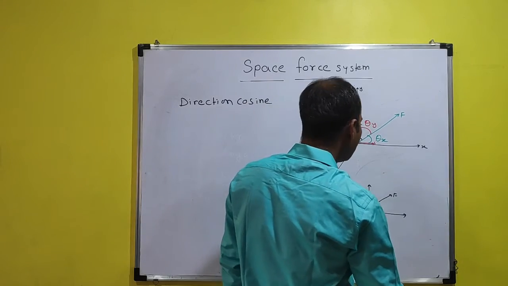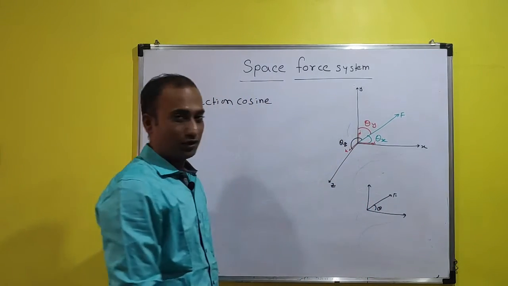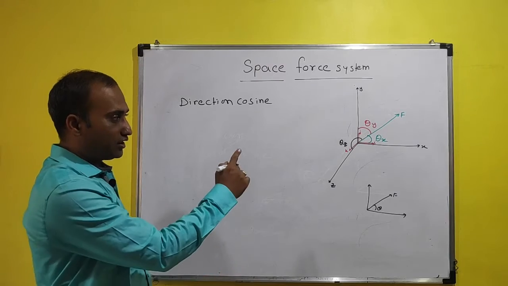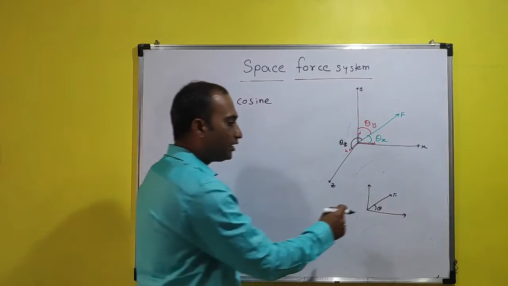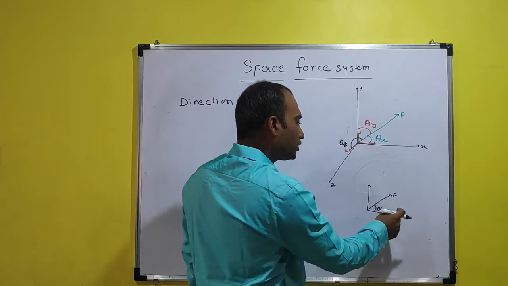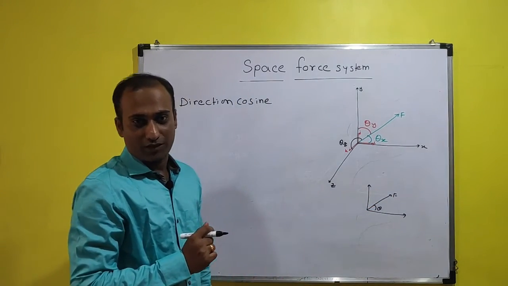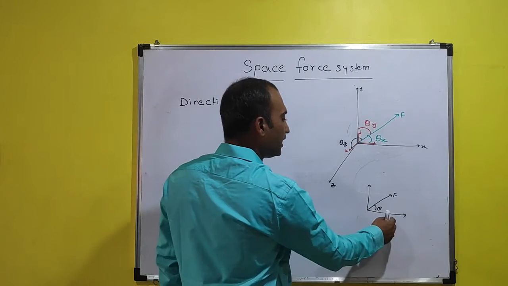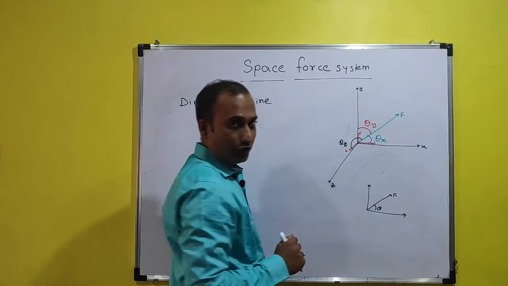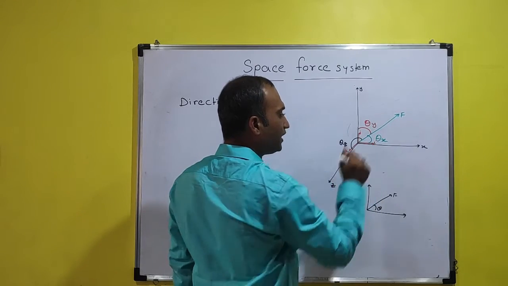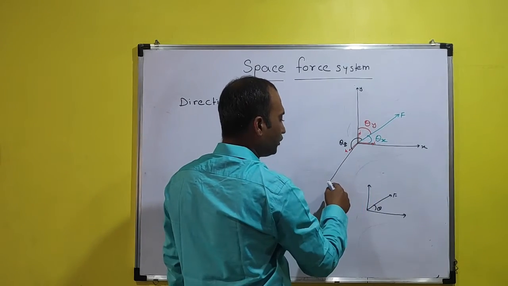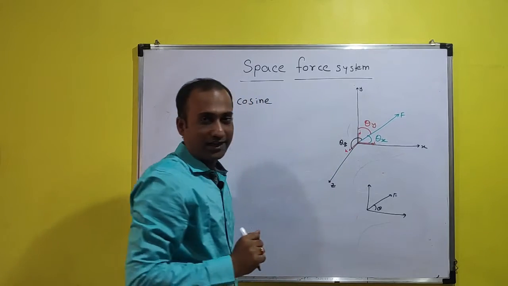Now we know this is the force, and if the angles are known to us, then we can divide this force into components. In 2D, we divided it in the perpendicular x and y directions. Similarly, in the 3D or space force system, we will divide this force along the x, y and z directions.